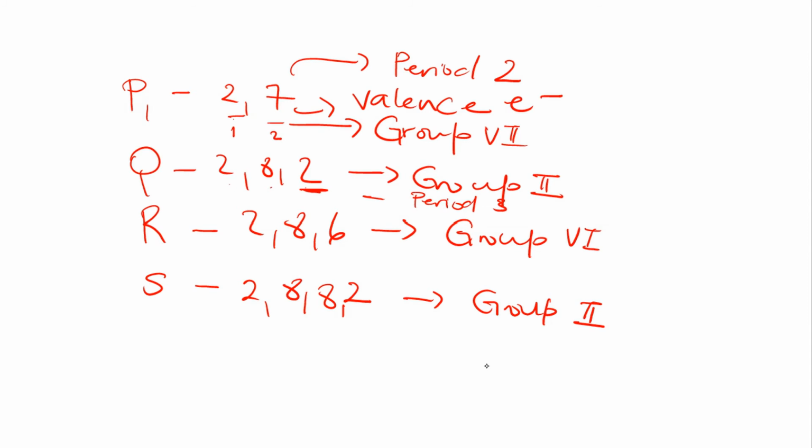R, 1, 2, 3, same thing, period 3. And S, 1, 2, 3, 4, period 4. And that's how you would place them in the appropriate period and group based on the electronic configuration.